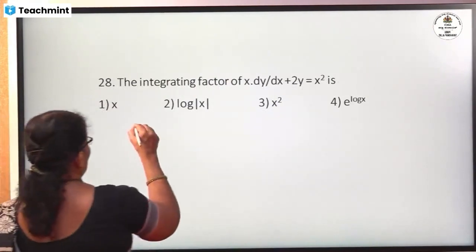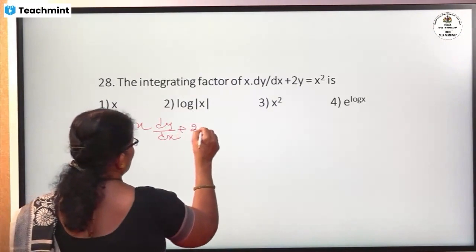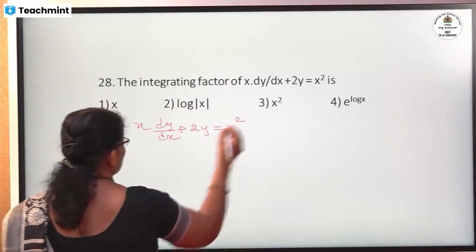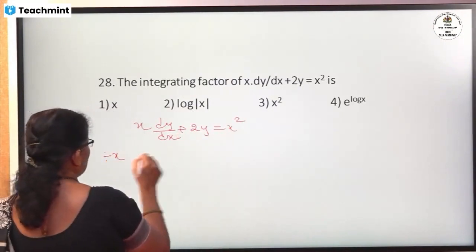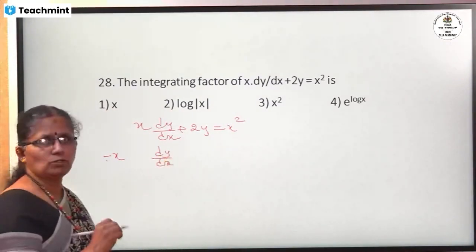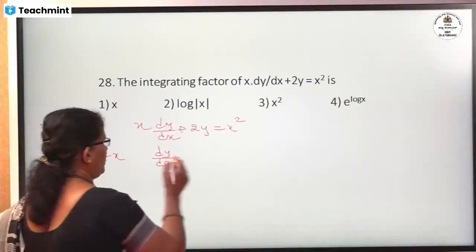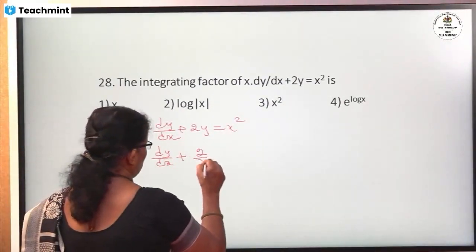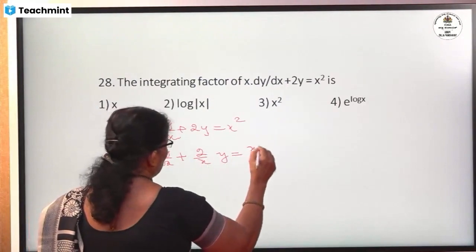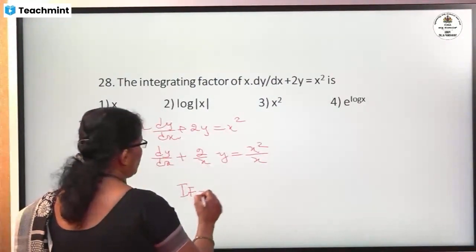Now this question is simple. X dy by dx plus 2y equal to x squared. What is asked is the integrating factor. As I said, you should always make the dy by dx coefficient 1. So divide by x. So it is dy by dx plus 2 by x into y equal to x squared by x. Here I don't have to solve it.